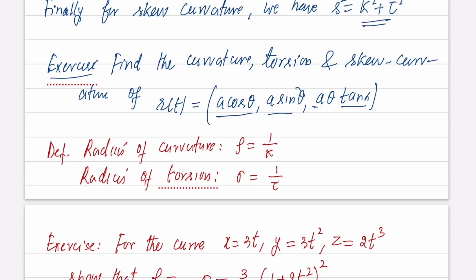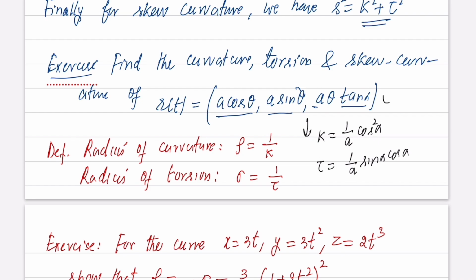We have already found the curvature and torsion of the right circular helix. The answer is curvature equal to 1 by a cos square alpha, and torsion equal to 1 by a sin alpha cos alpha. Now we can see that if we take the ratio of curvature and torsion, we just get a constant, because a is a constant as well as alpha is a constant.